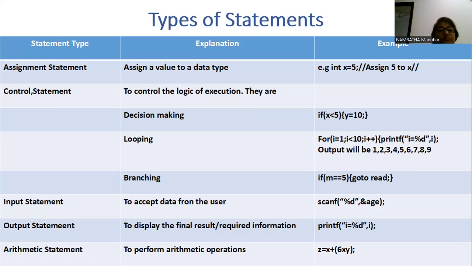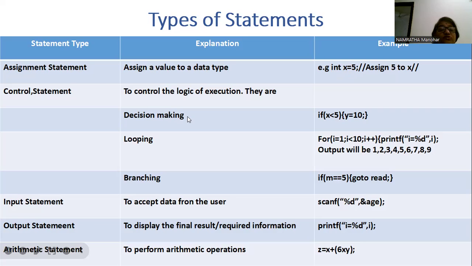These are some of the types of statements, but every language has its own set of statements. These types of statements will definitely be there in all languages. Assignment statement: assigning a value to a data type. For example, int x is equal to 5. That is, I am assigning the value 5 to x. This is an assignment statement.